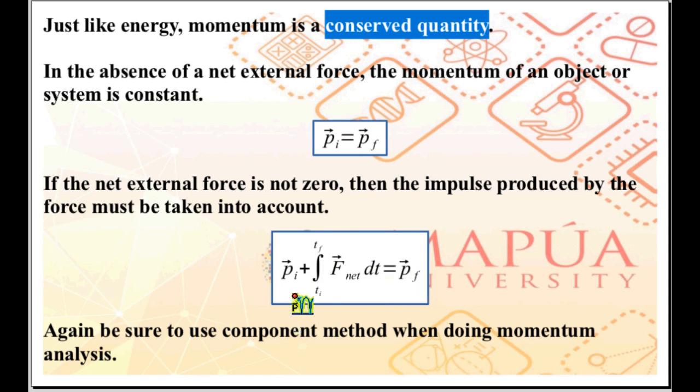So Pi plus the integral of F net dt from initial time to final time is equal to Pf, final momentum. So basically, total initial momentum of the system is equal to final total momentum of the system.